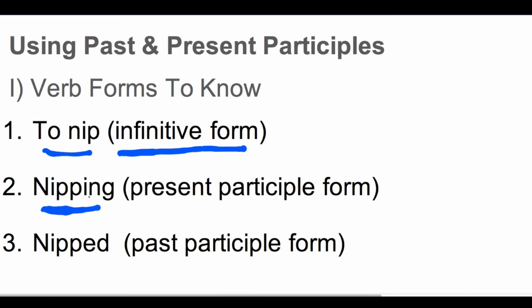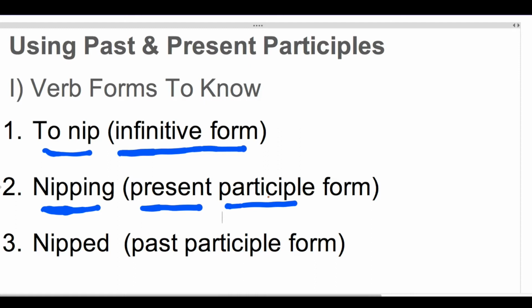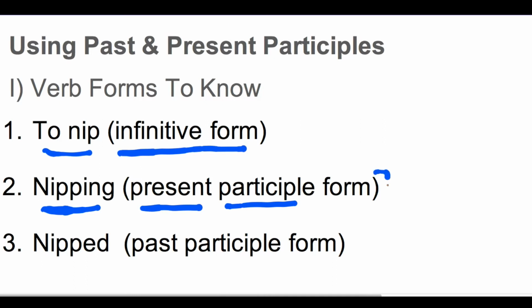Nipping, or drinking, or smoking, or napping, all those ing words, I'll refer to as the present participle, or the present participial form. That's another phrase I could use. And we're going to use this form today.